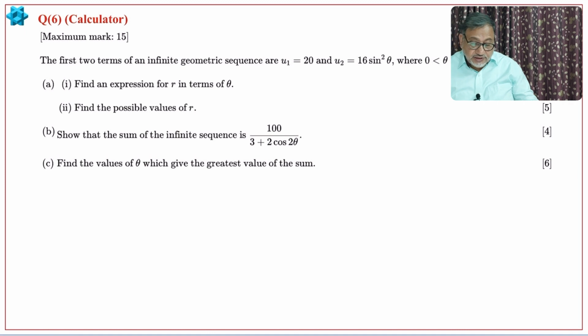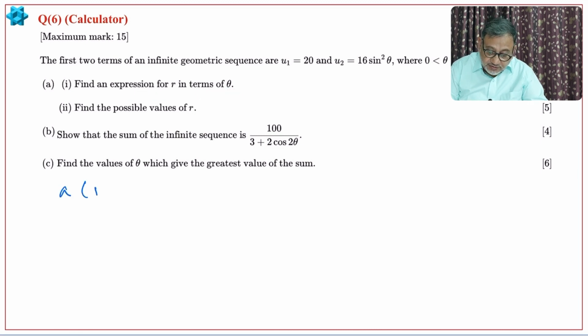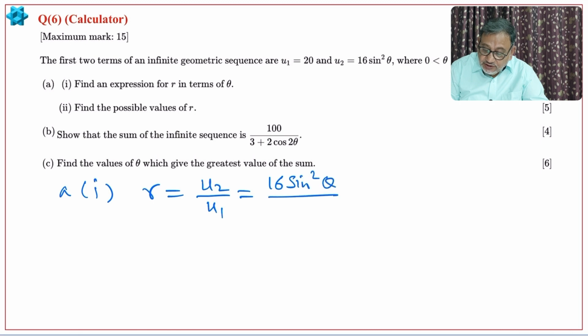Question 6 says the first two terms of an infinite geometric sequence are, these are the first two terms, this and this. Find an expression for r in terms of theta. Okay, this is a geometric sequence, so therefore we can use second term upon first term is r, second term is 16 sine square theta, first term is 20.